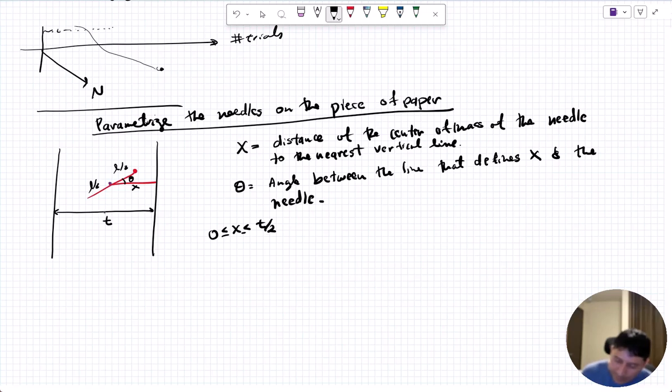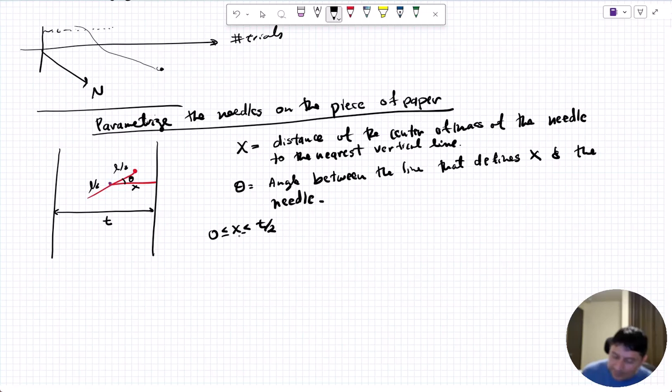Because if the center of mass is right in between the two vertical lines and the needle falls flat or rotated, then x is going to be t over 2. But if it's a little bit to the left, then you draw the line to the left, and now x is less than t over 2.